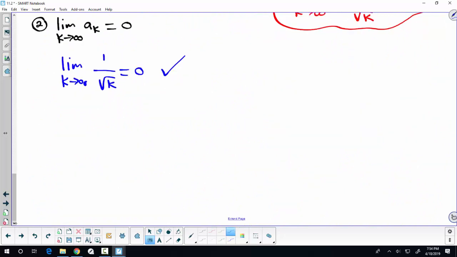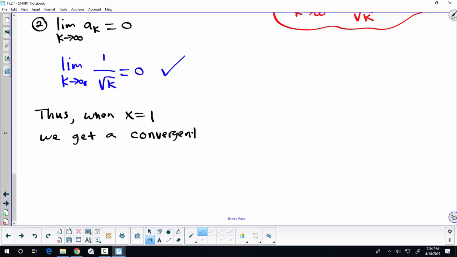All right. Therefore, when x equals 1, we get a convergent series, and again, that was by the alternating series test.